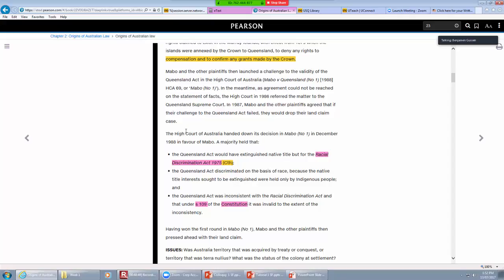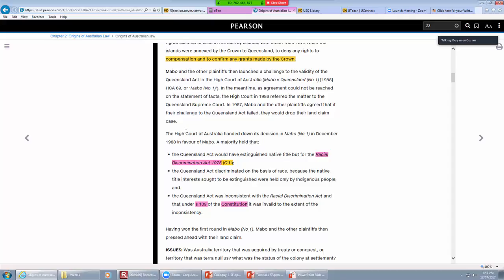Mabo needed to argue that Australia was not a terra nullius, that we were here, and that we had enough sophistication and enough jurisprudence to say that we have ownership rights in our lands.